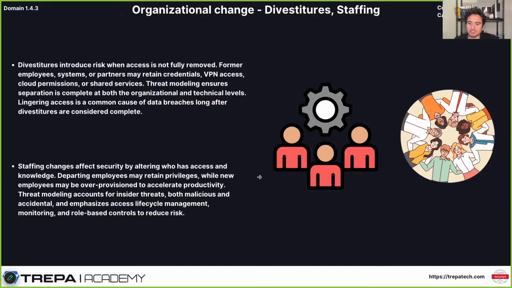Staffing changes affect security by altering who has access and knowledge. So when we move people around to different departments, just know we have to do least privilege. We have to do role-based access control. And we have to make sure we offboard properly or get rid of permissions and add permissions effectively and properly in accordance with our security policy, which is always going to be least privilege and role-based access control.